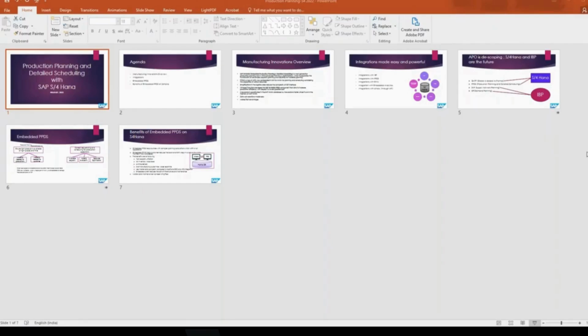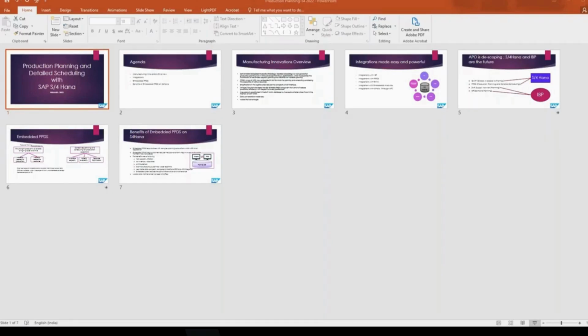So for PPDS, there are different OData services available within the system. An OData service is a complex ABAP functionality through which an outside system can access your data. So SAC, SAP Analytics Cloud, is a different solution that can be integrated to PPDS using OData service in order to extract data from PPDS and create amazing reports that will truly make a difference in terms of planning and scheduling.